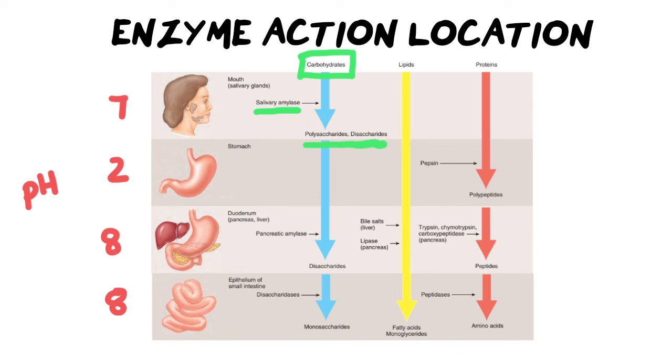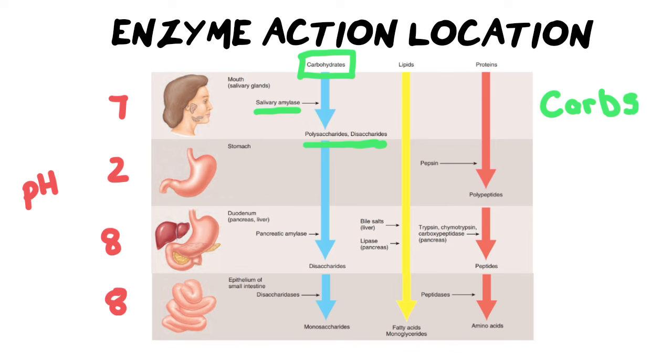You will notice in the mouth as well that there is no digestion of lipids or proteins happening. You'll see there's no arrowhead there. It's just like a solid color. So that means that no chemical digestion is happening. So the only substance being digested in your mouth is a carbohydrate, okay? And that's because the pH is just right.